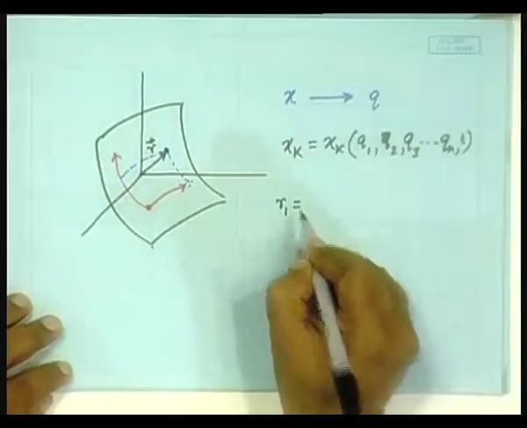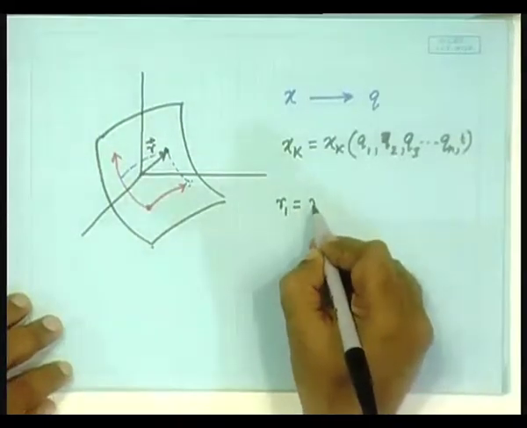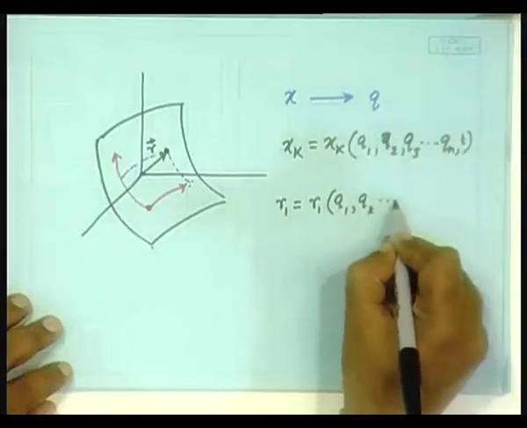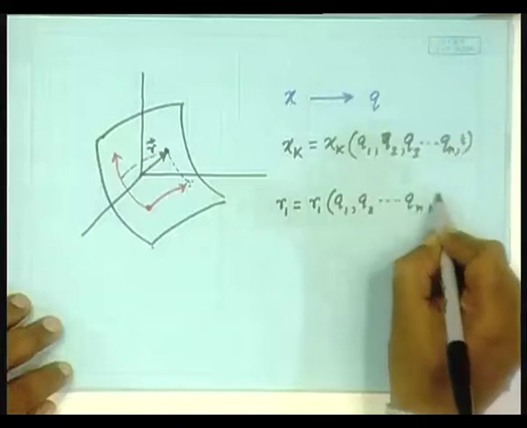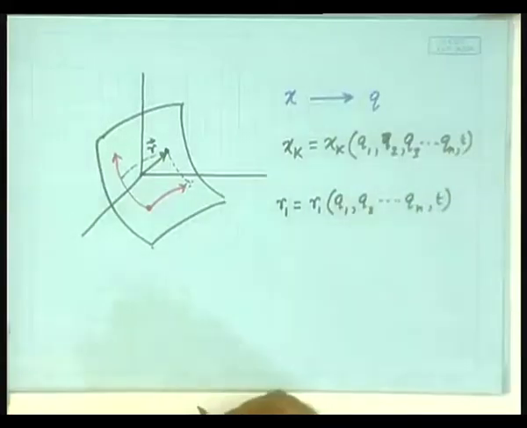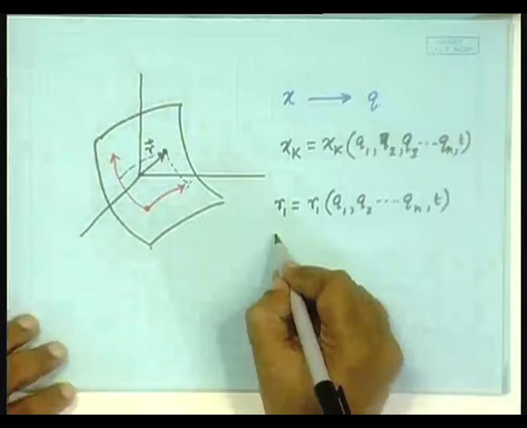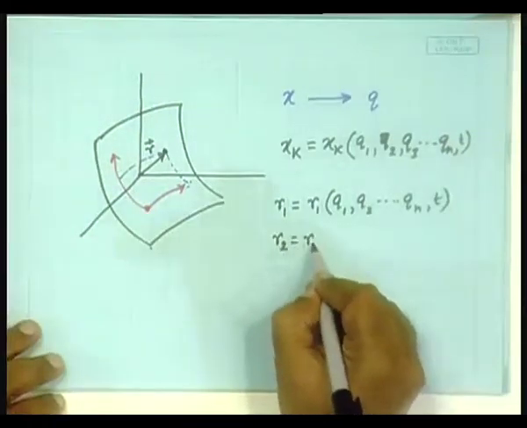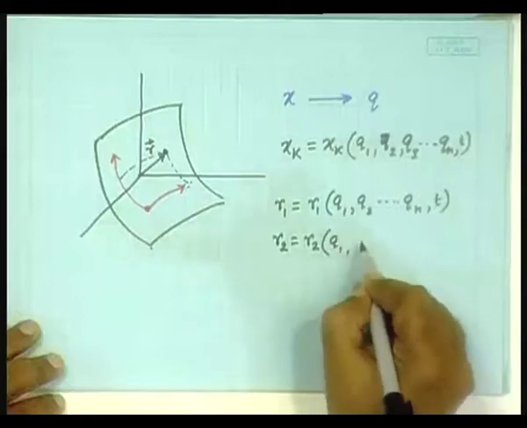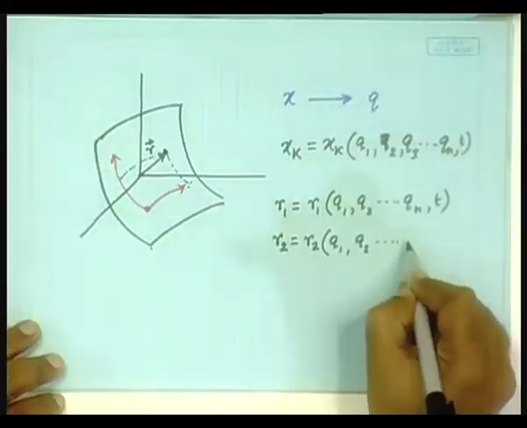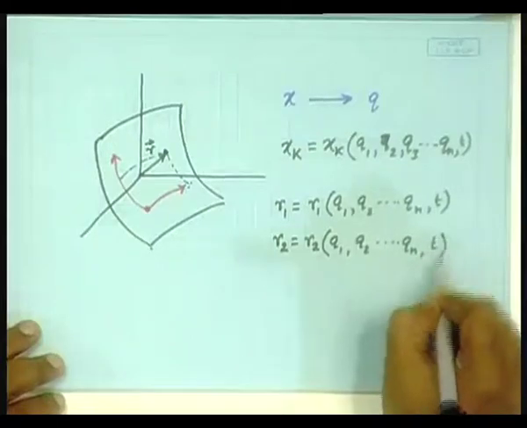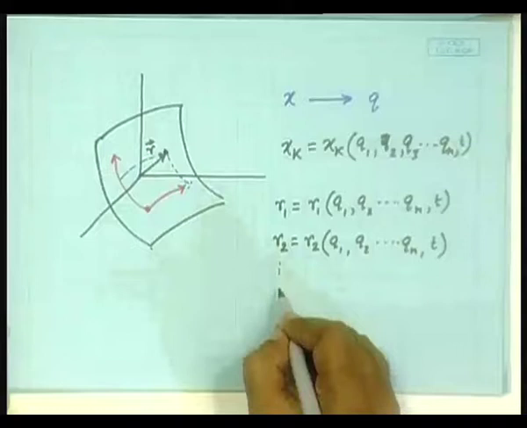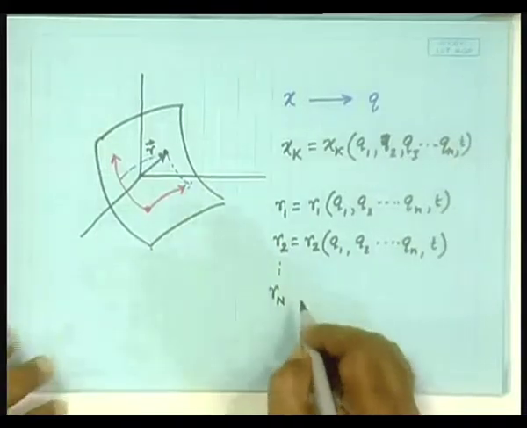R1 will be then a similar function of q1, q2, qn, t. Similarly, R2, the position of the second body, will be, and to R n, the nth body.